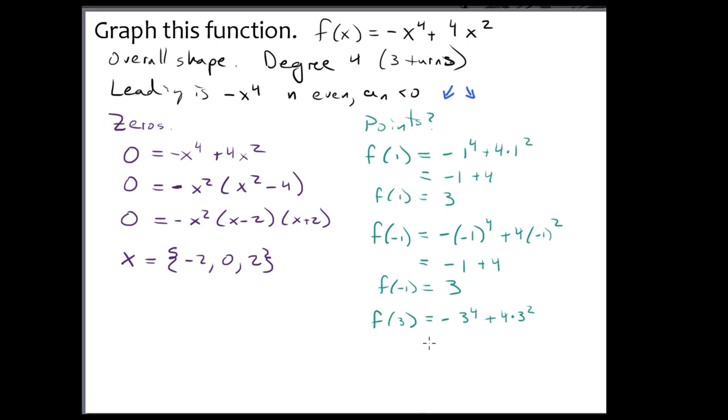This might fit on our axes here. 3 to the 4th is negative 81, and then this is going to be 9 times 4, so 36. This is not 50, but 45, negative 45. Yeah, I knew that was going to be off the scale, but still. Wow, that's way off the scale.